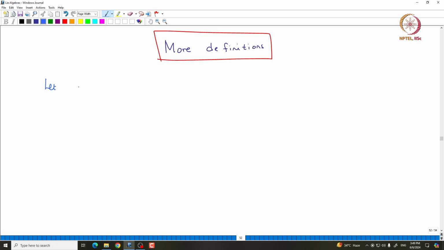Let V be a G module of the Lie algebra G, and W be a subspace of V. So, this is a subspace which is a C vector space. Then we call it a G submodule.